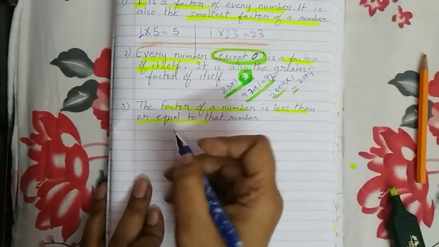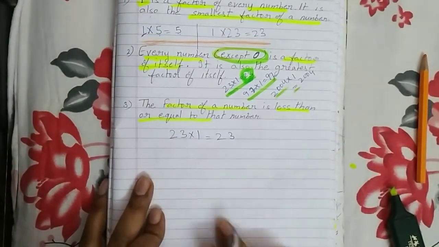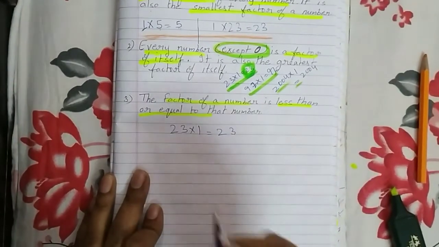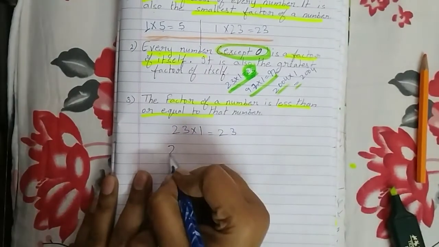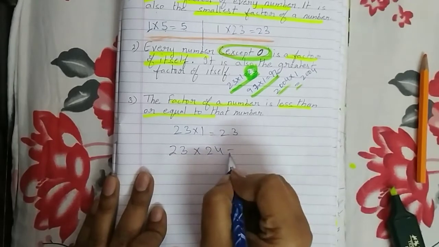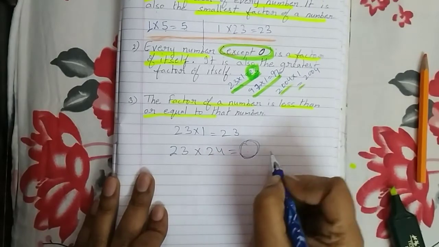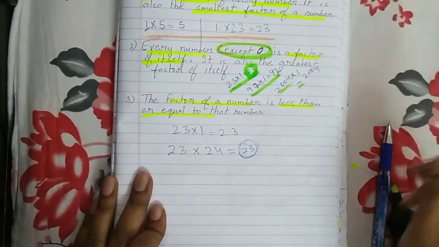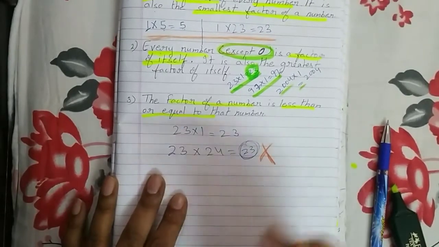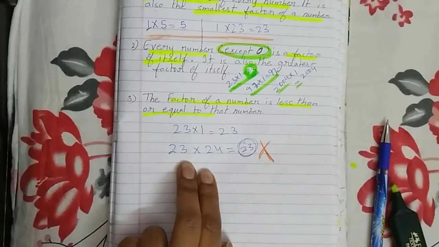Yes children, now see, 23 into 1 is equal to 23. This is clear. But can you multiply 23 into 24 and get 23? No, you will not get 23. You will always get a bigger number when you multiply 23 into 24.